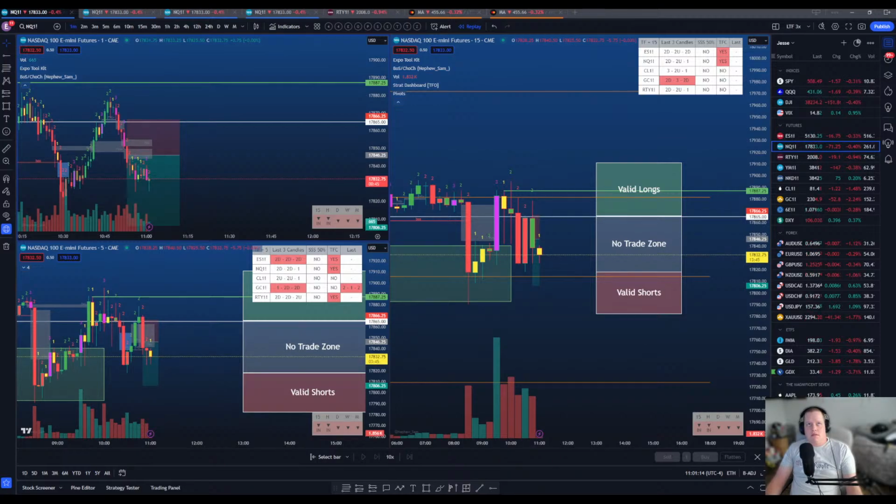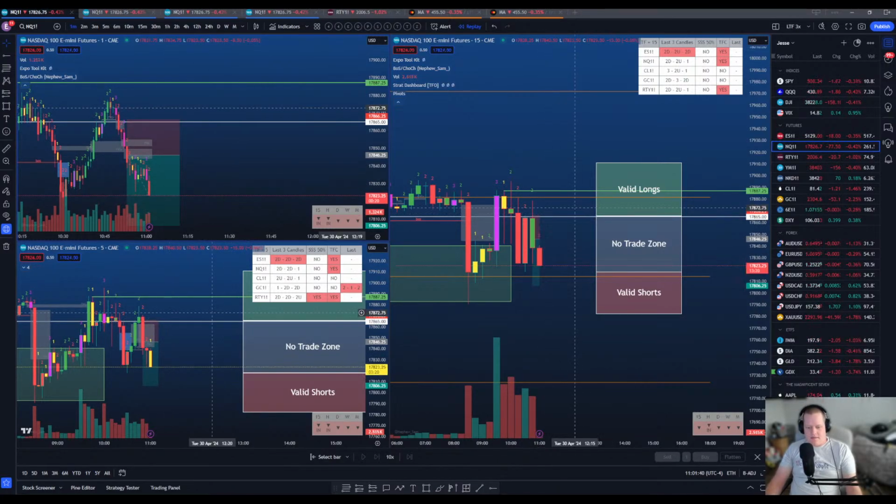Not sure I wanted to keep that order on. Although the 2-2 reversal here on the 15 is pretty nice, looking pretty nice.